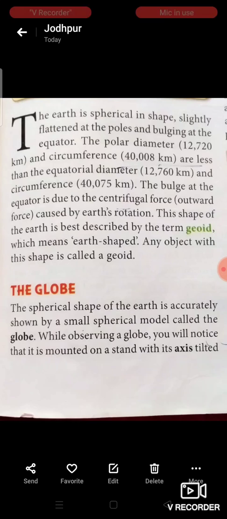The polar diameter means a straight line which is passing through the center of a circle from one side to another. And circumference means the distance round a circle. The polar diameter and circumference are less than the equatorial diameter and circumference. Let's see this through a picture.